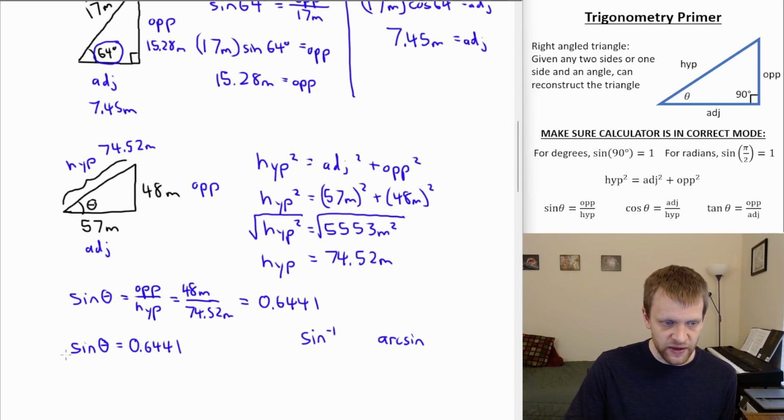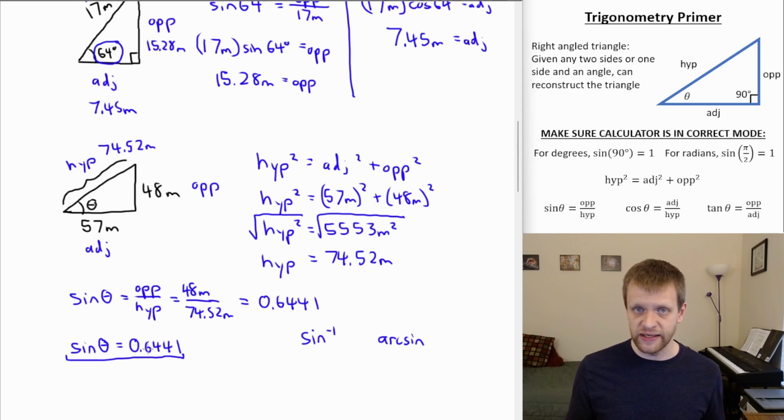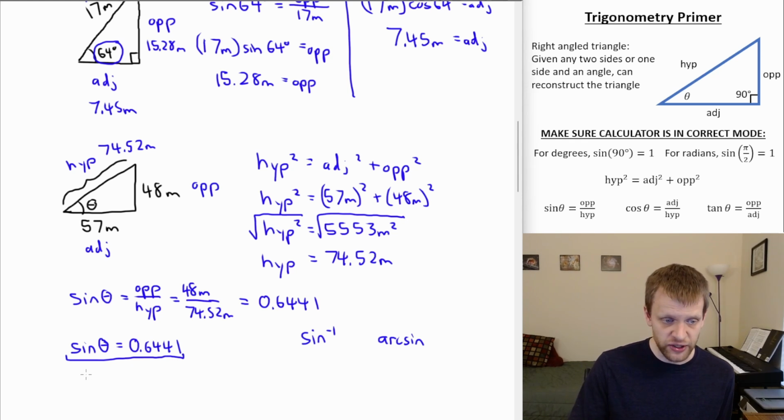But when I have an expression like this, if I take the inverse sine of both sides of this expression, well, if I take the inverse sine of the sine of this angle, that will just give me back the original angle. And on the other side, we're going to have to put in the inverse sine of 0.6441.